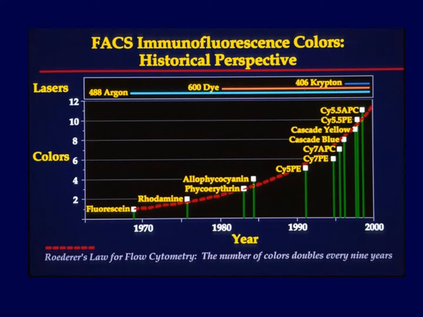And you can read the slide and see how, with different lasers, we've increased the number of colors just marvelously. And the number of colors doubles every 9 years, but I think in the very recent years it's going up much more rapidly. We'll see.